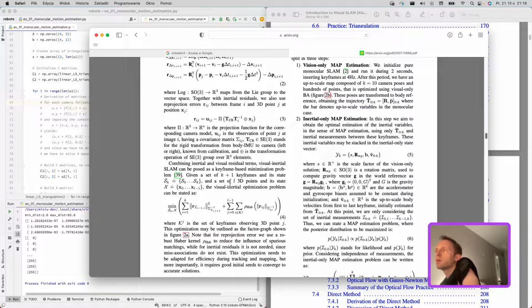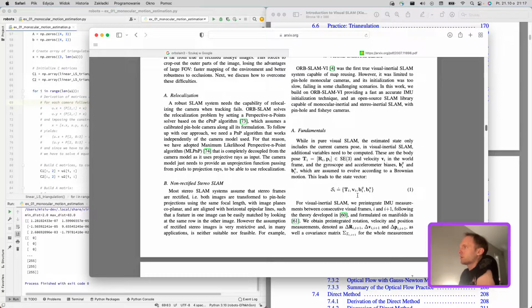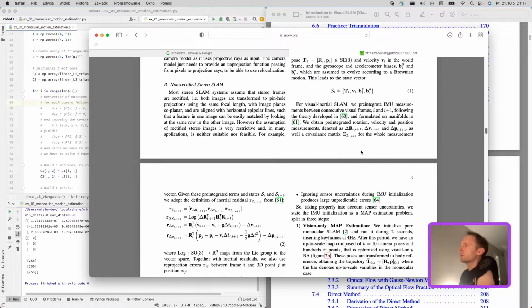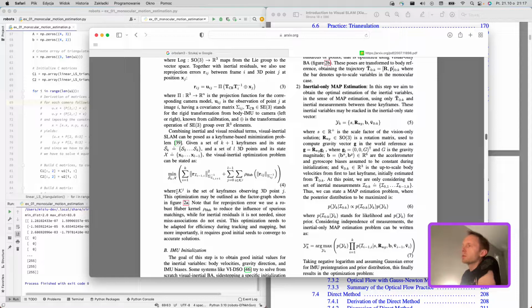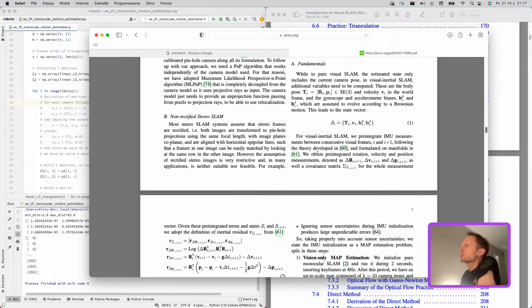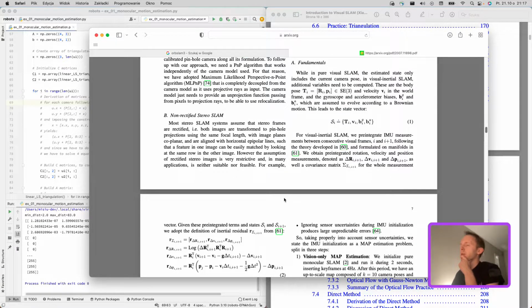Okay, so they basically measure, so they say state. Where's state? Okay, exactly. So state is pose, velocity, and bias, the gyro and accelerometer bias. But what is the state? I need state. I need X.